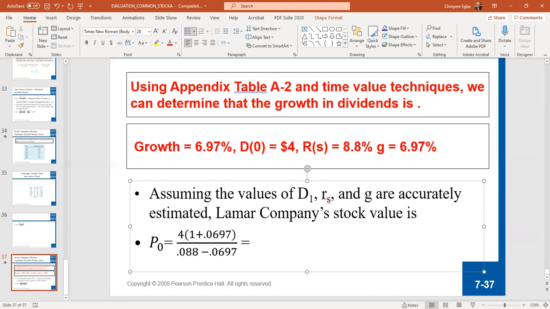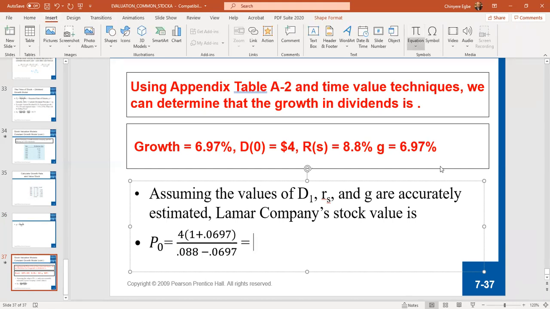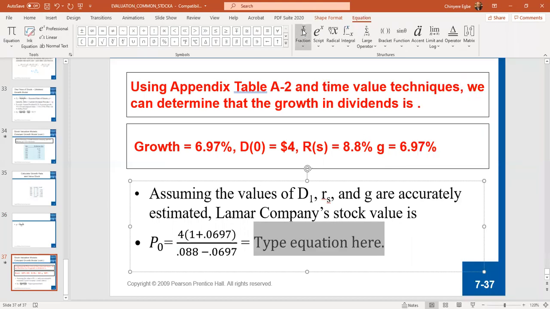What we have is 4 times 1.0697, which is 4.2788. 4.2788 divided by 0.088 minus 0.0697, which is 0.0183.